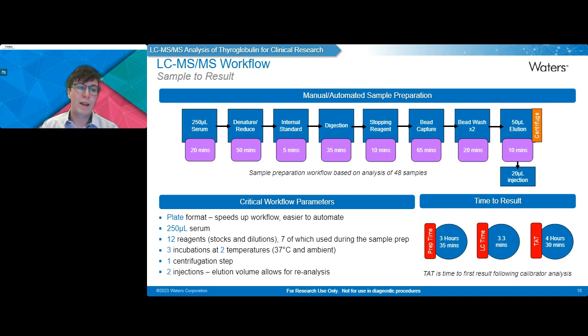We're performing 1 centrifugation step at the end, following elution. The elution allows us to perform 2 injections, so if there is ever an issue with the method at any point, which has been known to happen in some labs, you do have enough volume to re-inject the sample at the end.